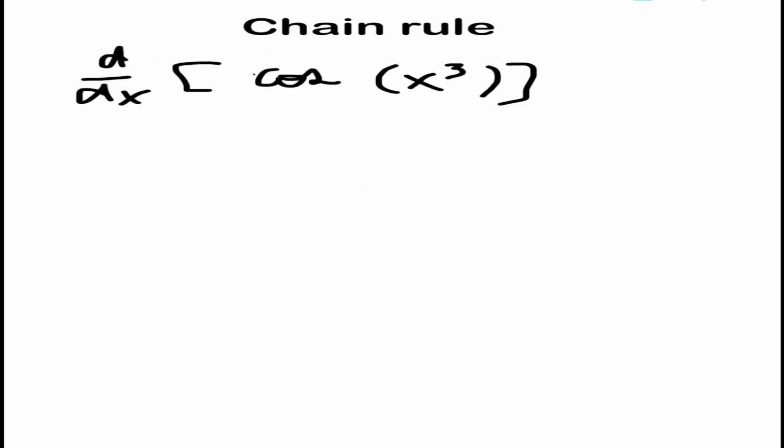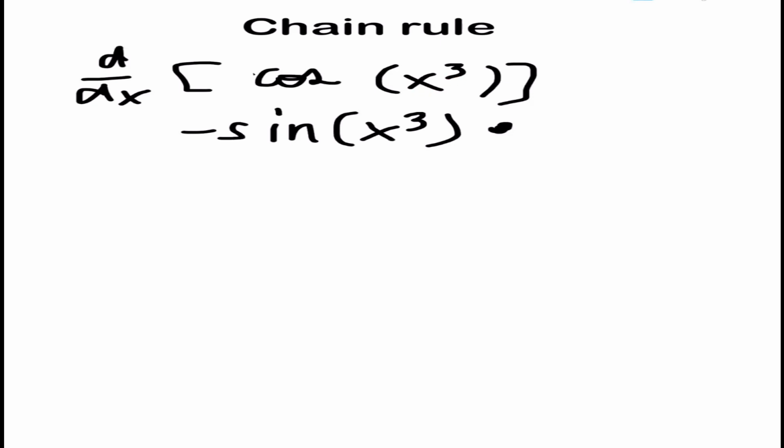Next, we have to find the derivative of cosine x cubed. And the derivative of cosine is negative sine. So negative sine, copy what is inside, which is x cubed, multiplied by the derivative of the inside. So what is the derivative of x cubed?